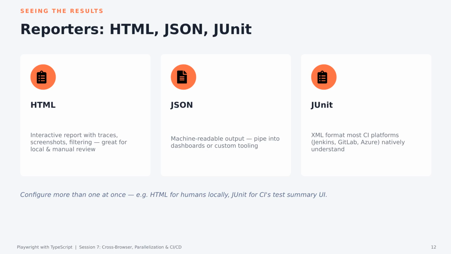And JUnit, an XML format that most CI platforms, Jenkins, GitLab, Azure, natively understand and can display in their own UI. You can configure more than one of these at the same time. For example, HTML for humans looking at it locally, and JUnit specifically for CI's own test summary UI.